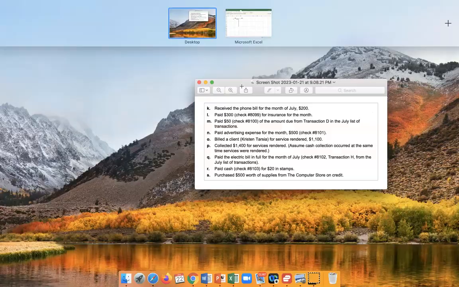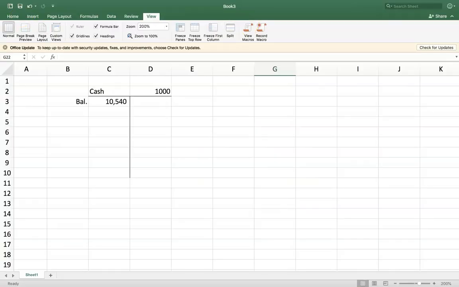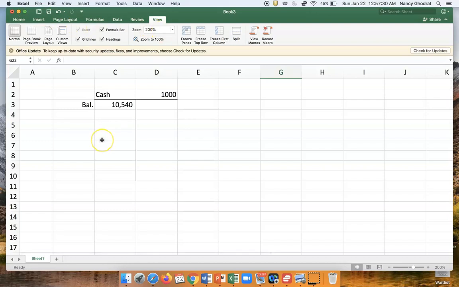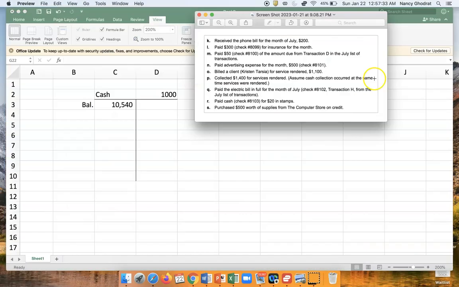So let me bring back those transactions. For example, transaction K said that the company received a phone bill for the month of July. In this case, we are assuming they haven't paid it, but since they haven't paid it, they owe money.